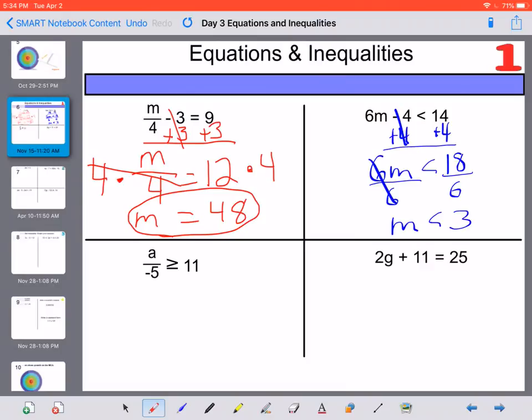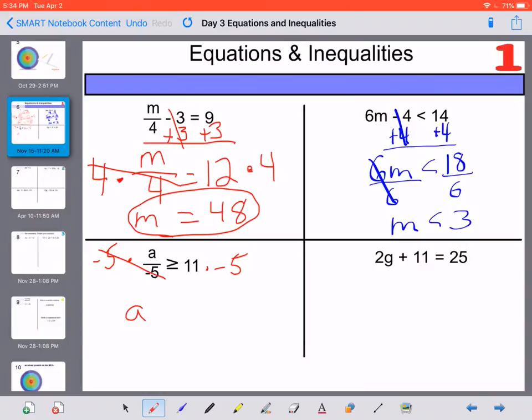Here we have a divided by negative 5 is greater than or equal to 11. So we have a division problem, which means we're going to multiply by negative 5. When we multiply this, we get a. Now, this is a special rule.